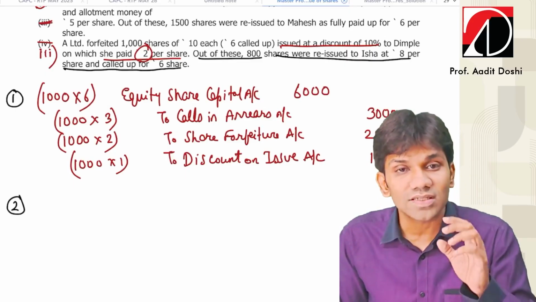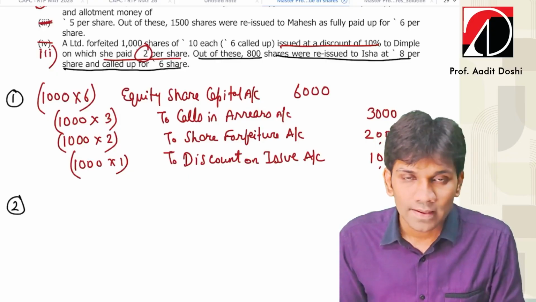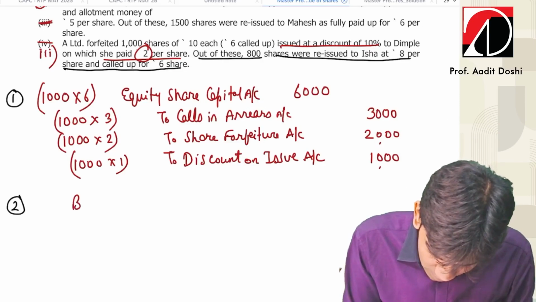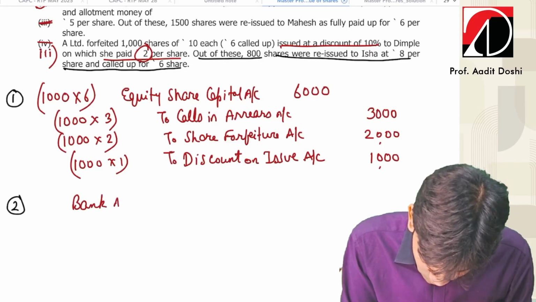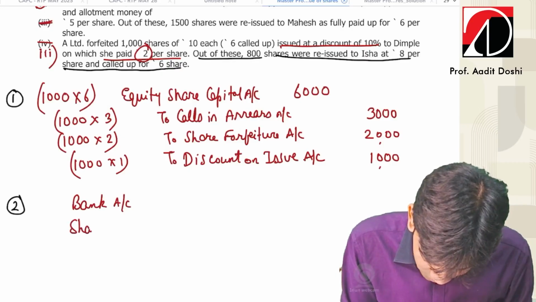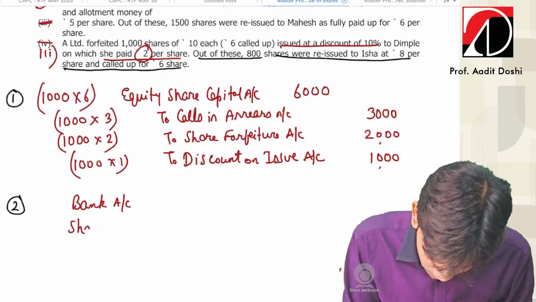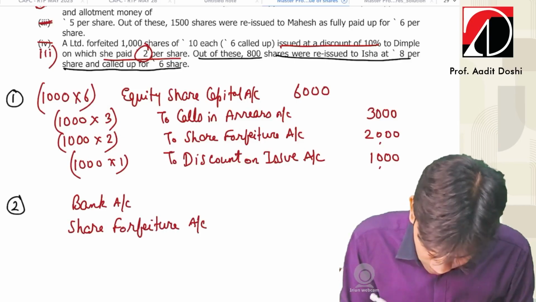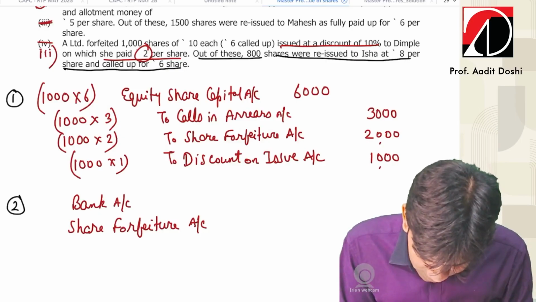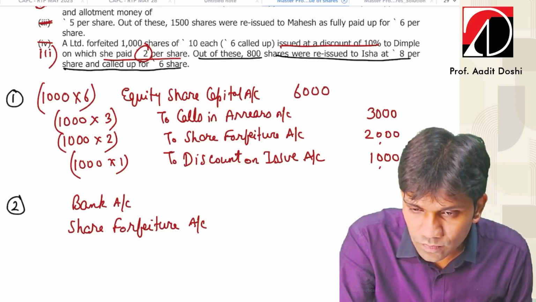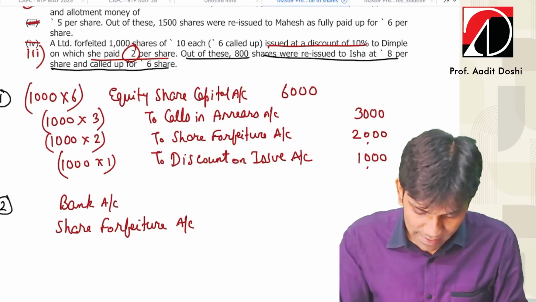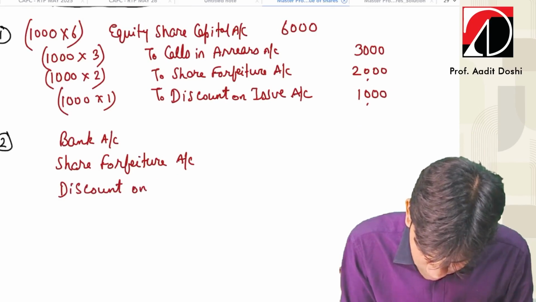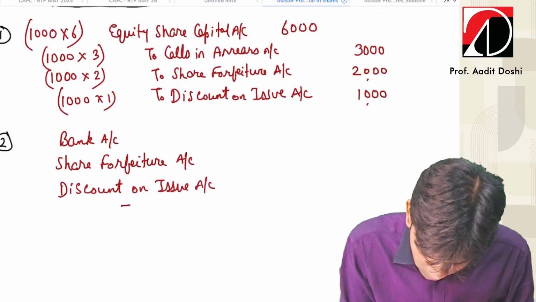So out of 1000 shares सिर्फ 800 शेयर रीइश्यू हुए. किसको इश्यू है? ईशा को. विच 8 कॉल्ड अप था, 6 में रीइश्यू हुआ. एंट्री होगी बैंक अकाउंट डेबिट, शेयर फॉरफीचर अकाउंट डेबिट, डिस्काउंट ऑन इश्यू अकाउंट डेबिट, टू इक्विटी शेयर कैपिटल.